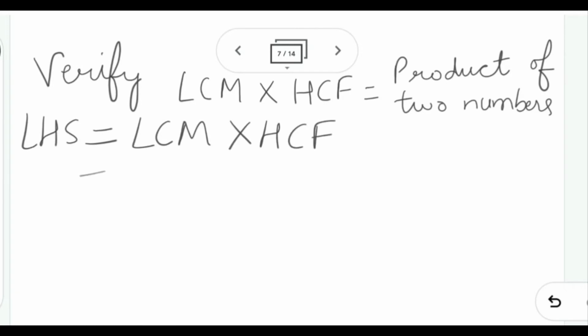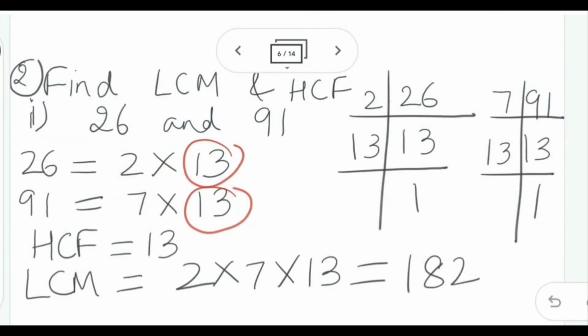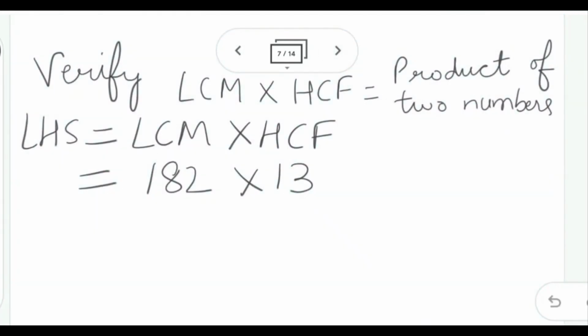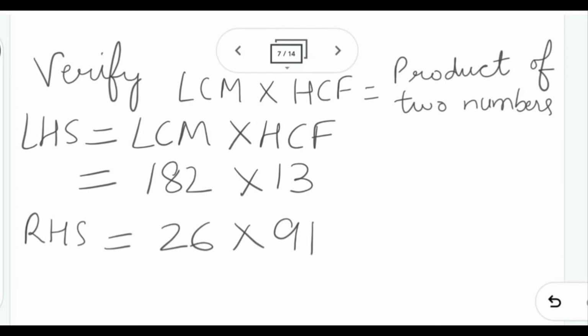What LCM have we found? We found 182 as LCM and HCF was 13 in the previous example. On the right hand side we need to put the product of the two numbers, which means we need to multiply the two numbers. The given numbers were 26 into 91. Now we can find their product and check whether we are getting the two products the same.